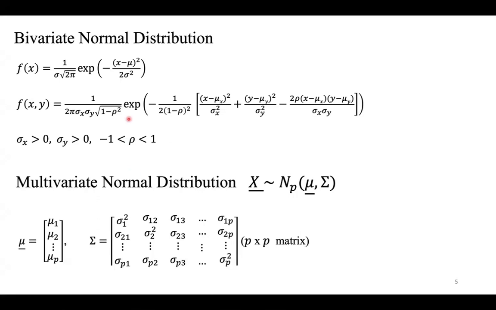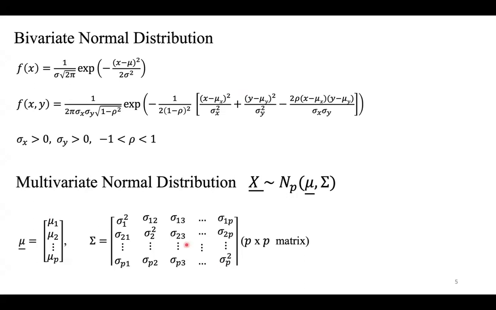Likewise, this can also be extended to more than two variables, which is called a multivariate normal distribution. What you need basically is mu and sigma. For mu, you have a one-dimensional vector, either a row vector or a column vector. On the other hand, sigma is going to be a P by P matrix, wherein P is the number of dimensions, the number of random variables that we are interested in.